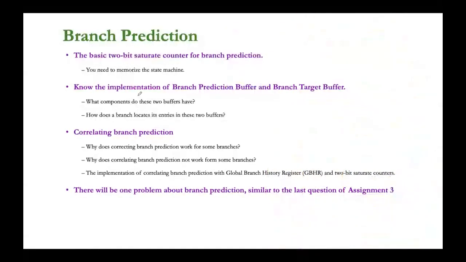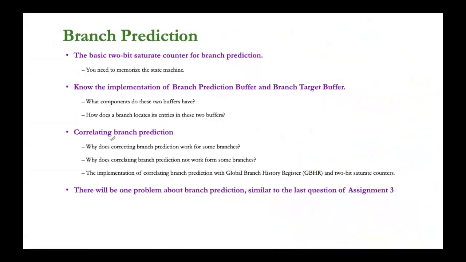Okay, so here is just the implementation of your branch prediction buffer and branch target buffers. What components do these two buffers have, and how does a branch locate its entries in the two different buffers? That is how you are going to maintain the states.